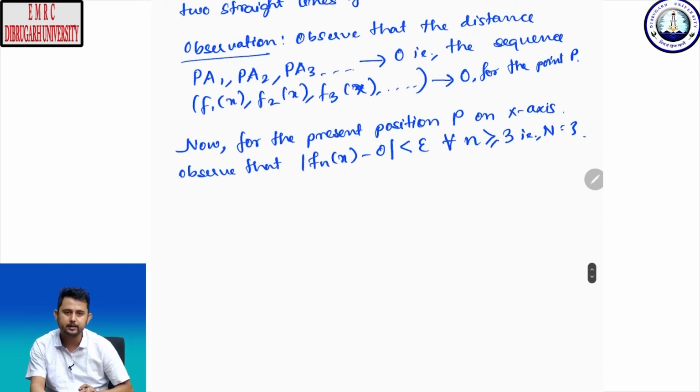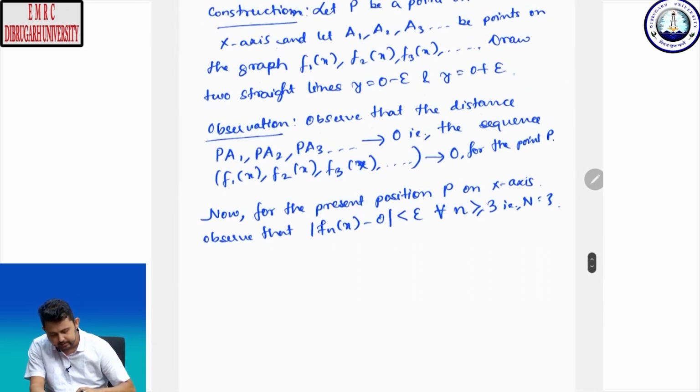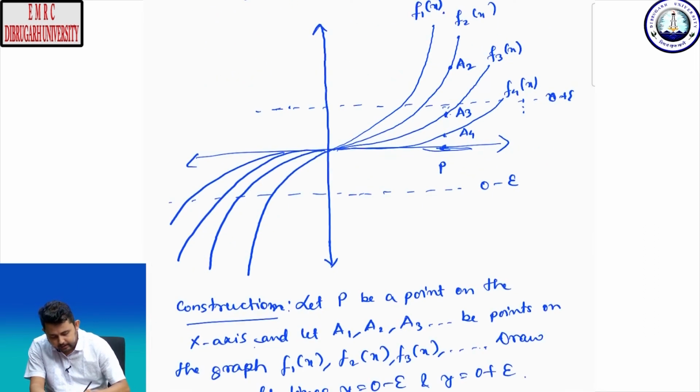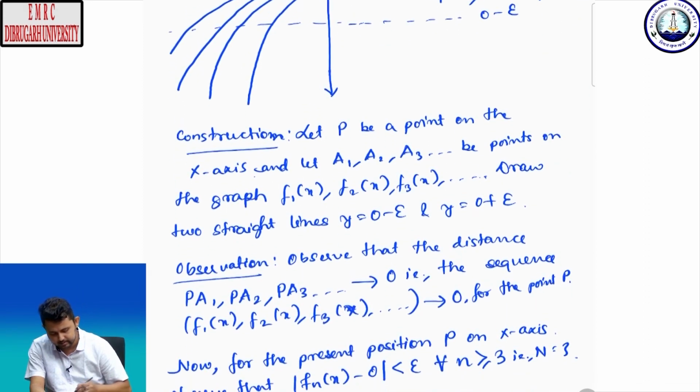So, here we have N equal to 3, but if I move my P to the positive direction of x axis, say somewhere around P dash, then I might find that my value of capital N will change, right.